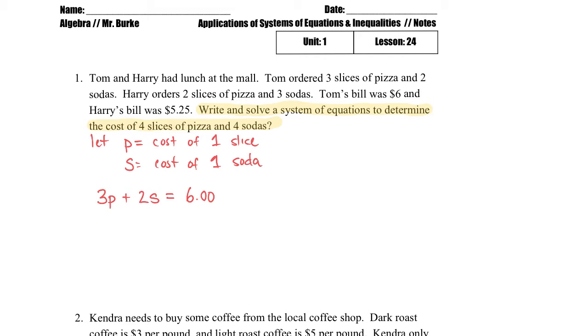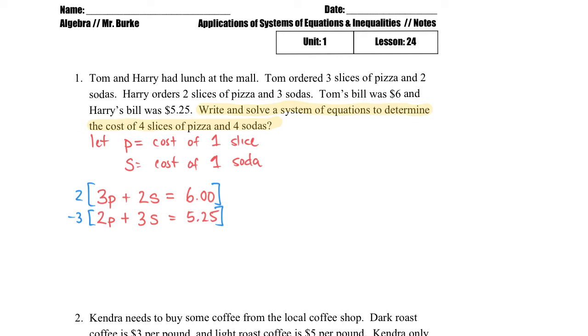Harry, on the other hand, ordered 2 slices of pizza and 3 sodas, and his bill was $5.25. So once you get to this point, now you're just applying the elimination method that we learned in lesson 23. So I'm going to multiply this top equation by 2 and this bottom equation by -3 so that I can get the same value in front of P.